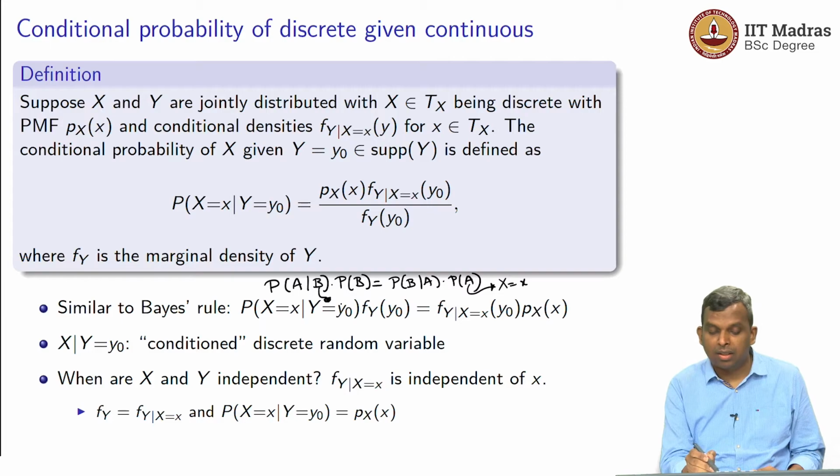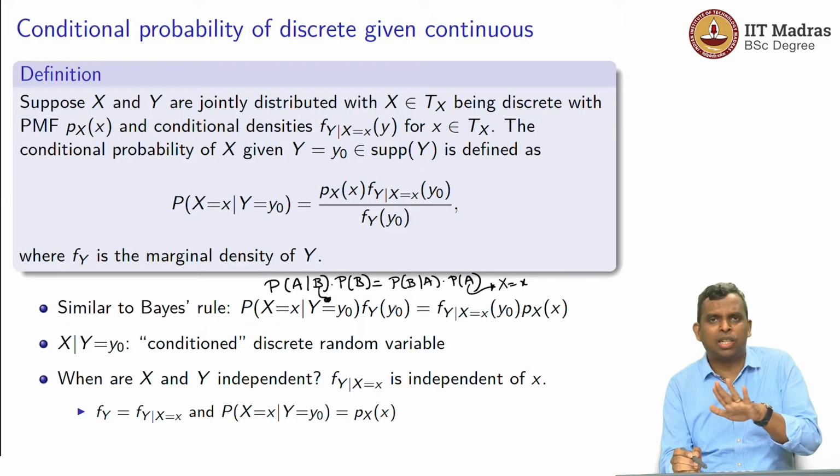So wherever you have a discrete random variable, you have the probability of X equals x given Y equals y naught, and wherever you have a continuous random variable, you just smoothly go to the density.